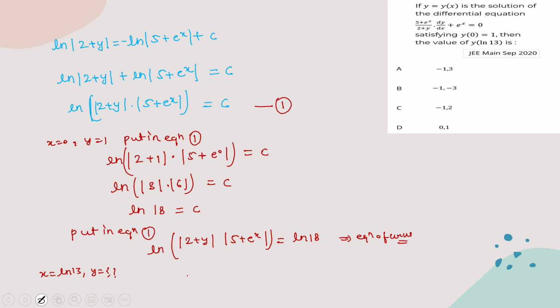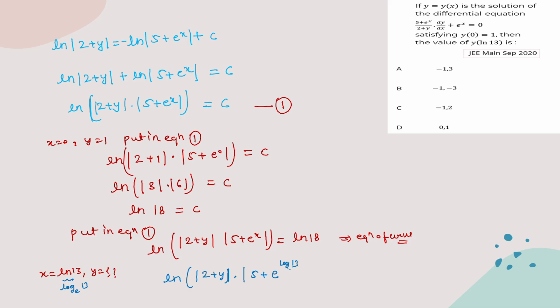So let's put that value. When we put this value, it will become ln of mod of 2 plus y, we have to find out, into mod of 5 plus e to the power x. Now ln 13 means we can write it as log 13 base e.